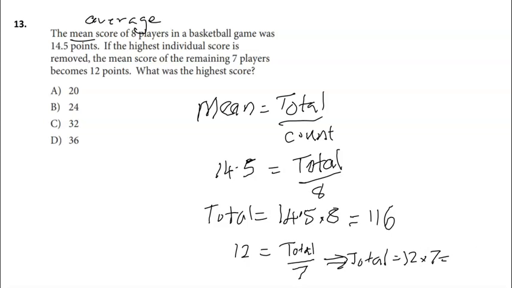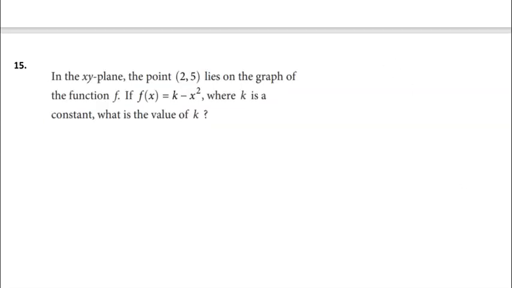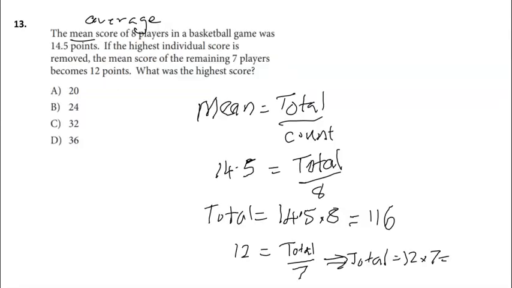So 12 times 7 is going to give us 84. All right.